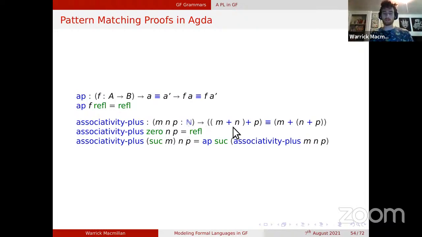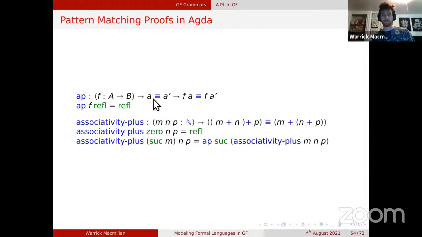So this is where the propositions as types comes into play, that you say associativity of plus has the type of taking 3 numbers and producing a proposition of their equality under some juggling of parentheses.